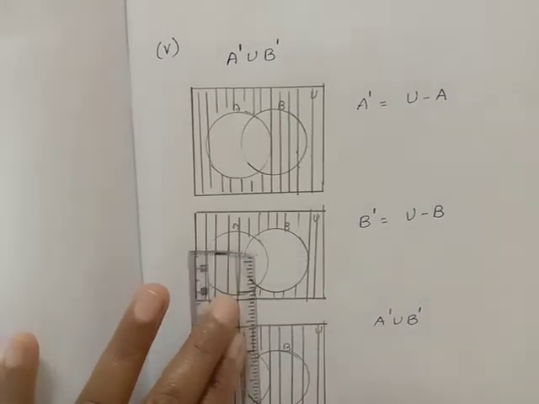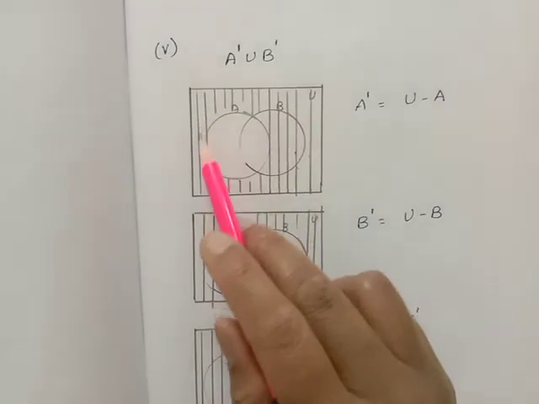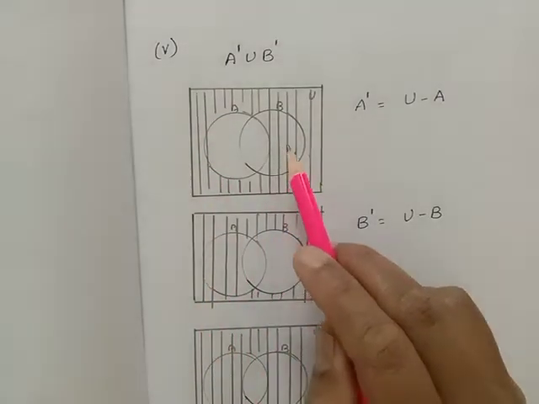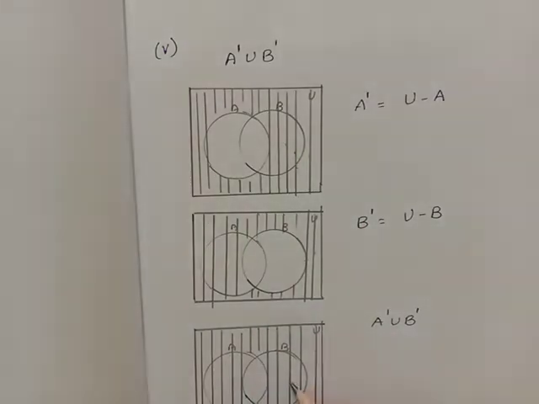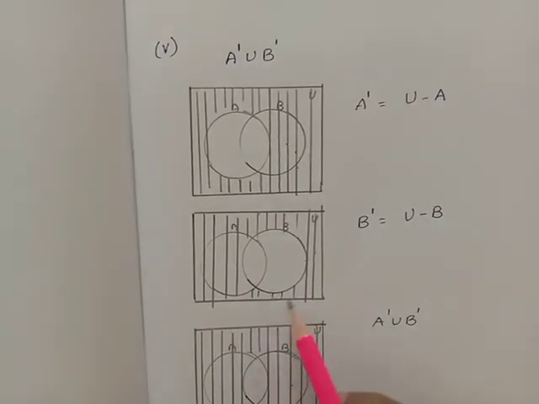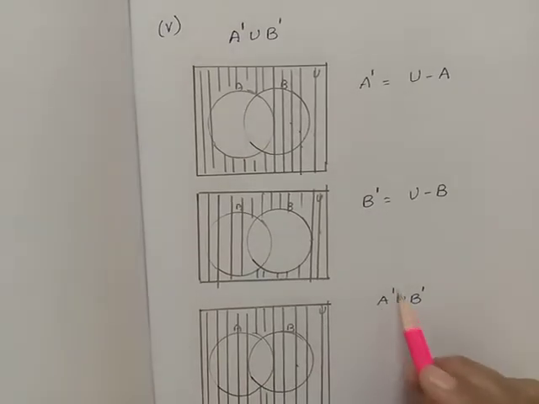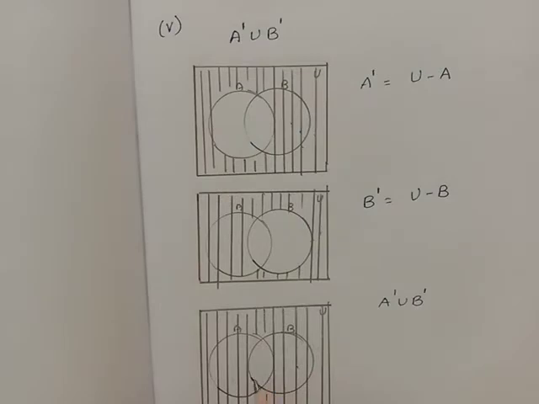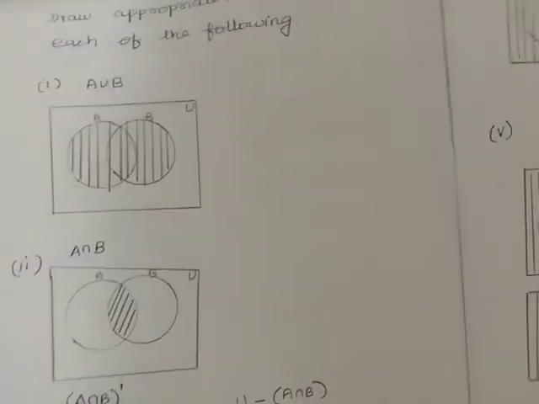In this diagram they have covered outside and B is covered, in this diagram A is covered. So this gives you the value of A dash union B dash. So compare the two diagrams and decide whether it is union or intersection, and according to that we can solve the sums.